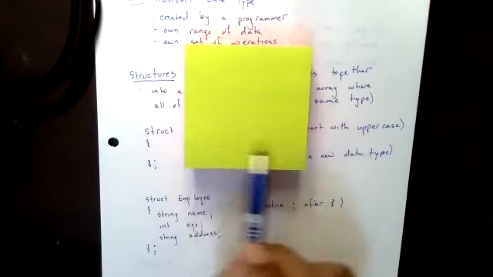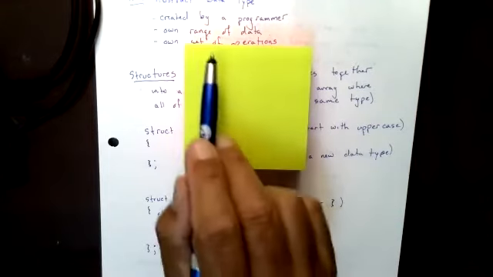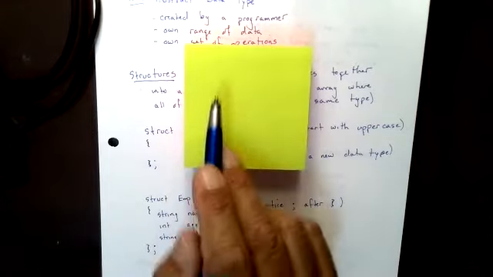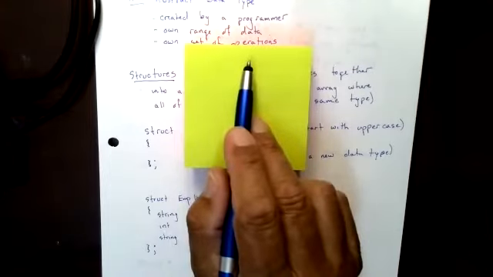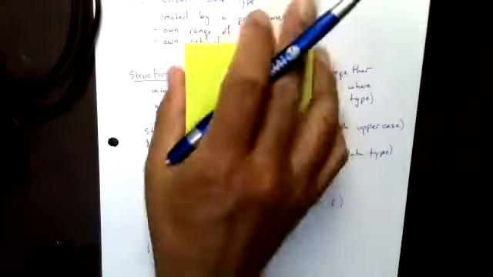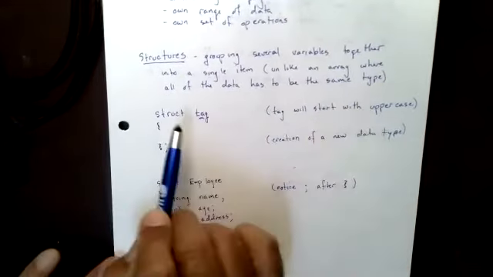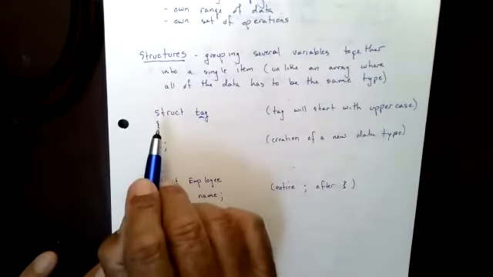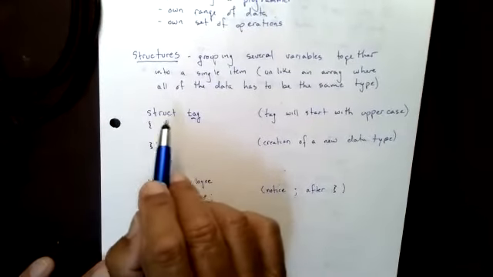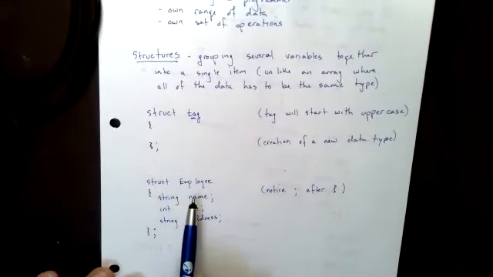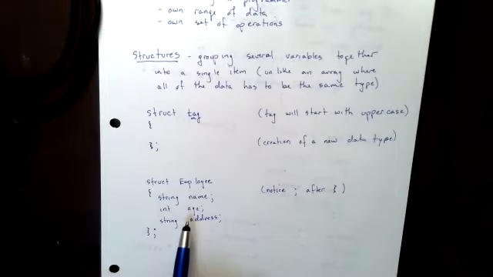Each card had certain pieces of data, certain data types. So a structure is like that old Rolodex, where I can create a data type that holds different data types.